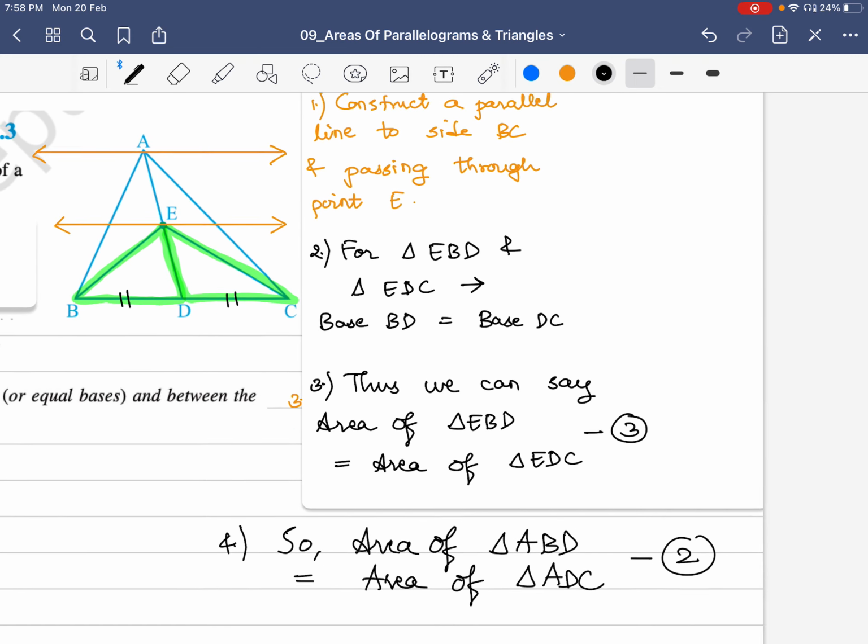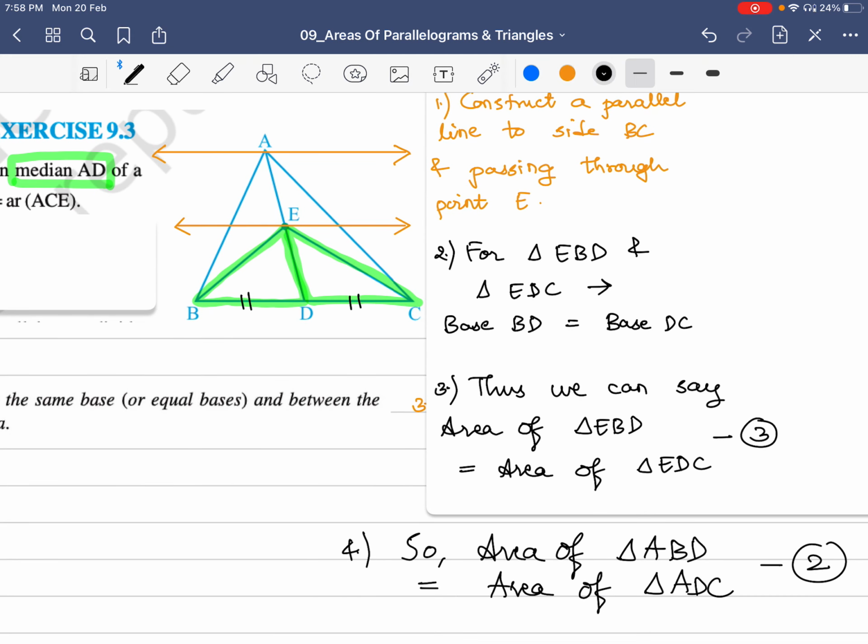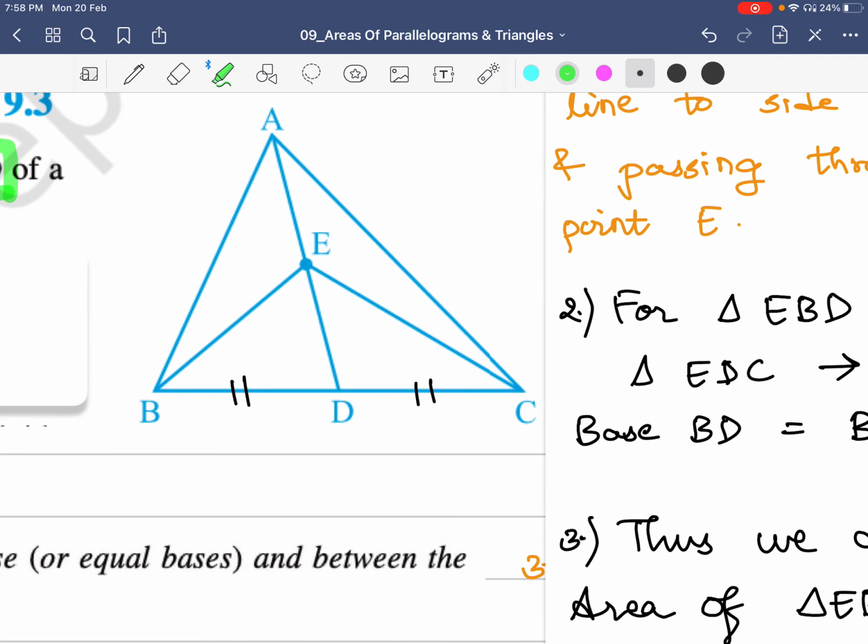Now let's focus on this conclusion of point number 2 and this conclusion of point number 3. This triangle area is equal to this triangle area, and this bigger triangle ABD is also equal to this bigger triangle ADC. Now if I subtract from this area ABD the area of EBD, so let me use a highlighter so it's easy to understand, and I think we'll get rid of these parallel lines as well. Let's zoom in.